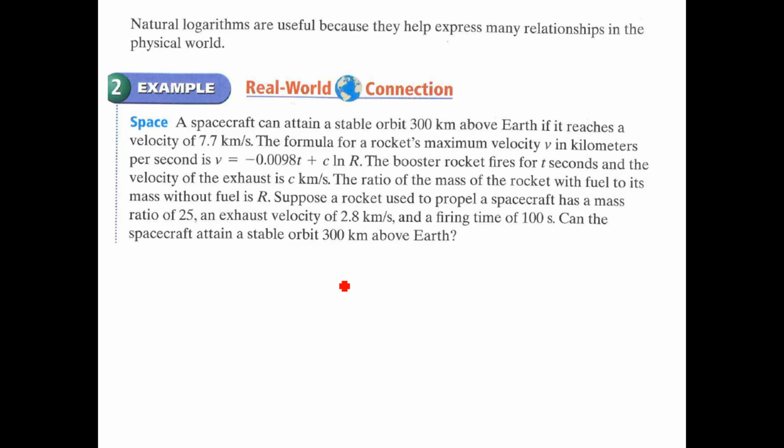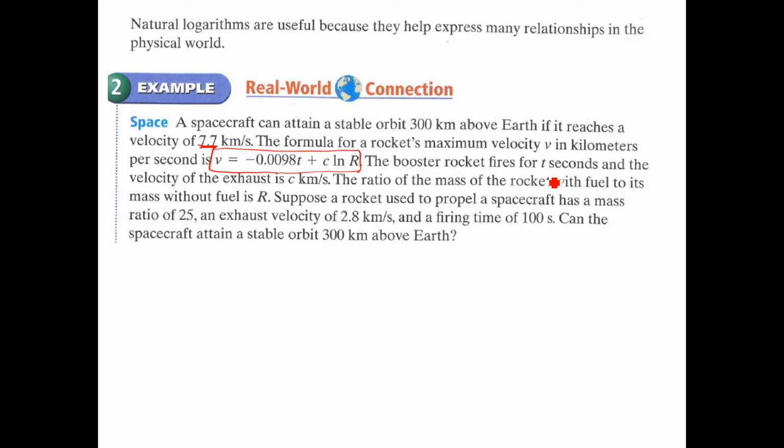Let's use a real-world example. A spacecraft can attain stable orbit 300 kilometers above the Earth if it reaches a velocity of 7.7 kilometers per second. So this is our goal. We're trying to get to 7.7 kilometers per second. The formula for a rocket's maximum velocity v in kilometers per second is v equals negative 0.0098 t plus c natural log of r. We're going to need that formula.